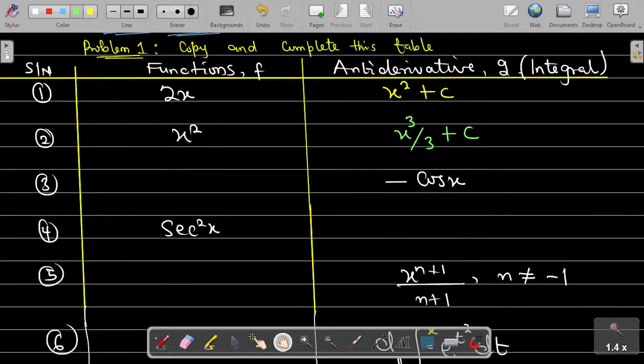Now for number 3, you are given the antiderivative, that's the integral, and you're asked to get the function that produced that derivative. All right, so let's go ahead.